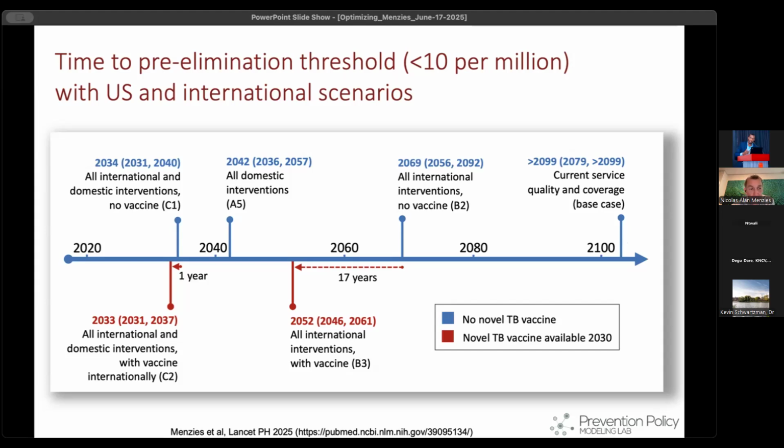As we introduce the different intervention scenarios, we walk back towards the present, such that in the scenario where we introduce everything except a vaccine, it looks like we could hit pre-elimination in the United States pretty quickly. With the vaccine, you can see on that bottom line, this can increase the rate of travel towards these different targets. And again, this is not assuming a TB vaccine would be used in the United States, only used in countries of origin.